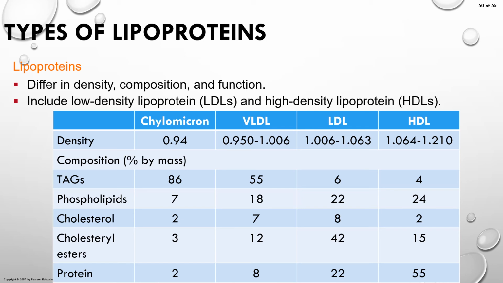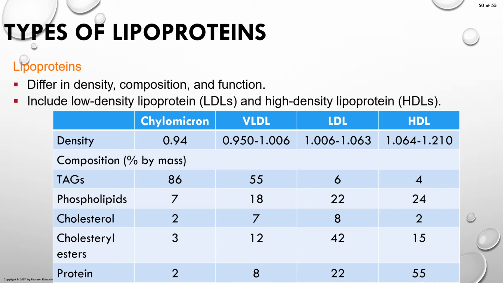So, that's their differences, no? So, VLDL has more of the triglycerides than the chylomicron, pero take note that chylomicron and the VLDL or the VLDL and LDL are both considered types of bad cholesterol.